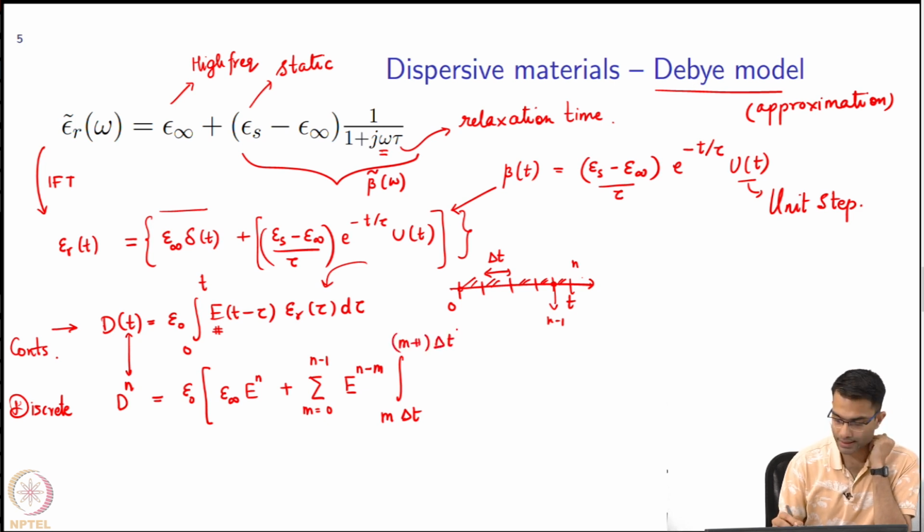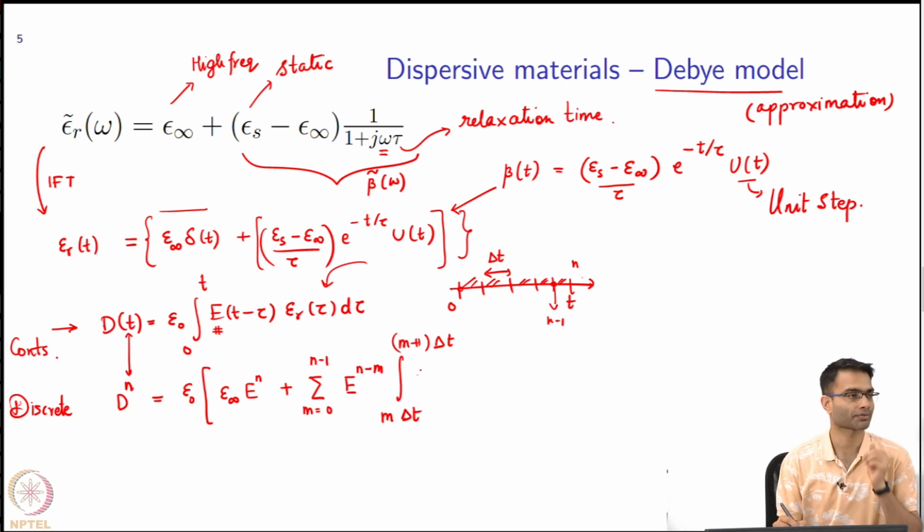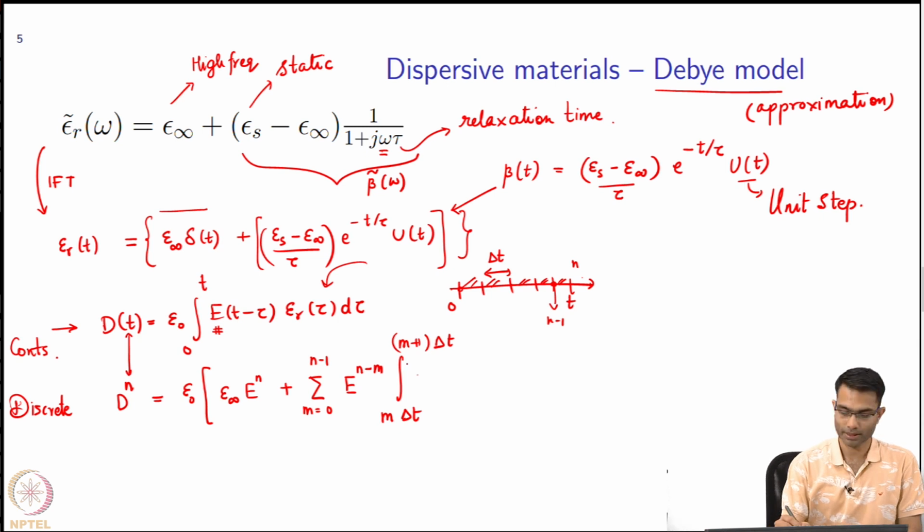And what sits inside this integral? Not epsilon r, it's there, staring at you, but there is a shorthand notation for that, beta, not beta t but beta tau.